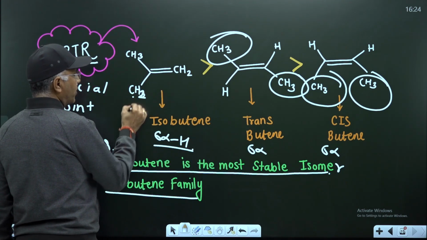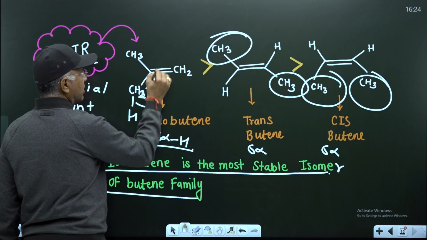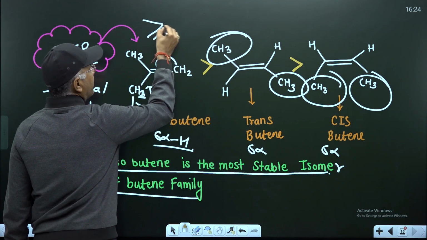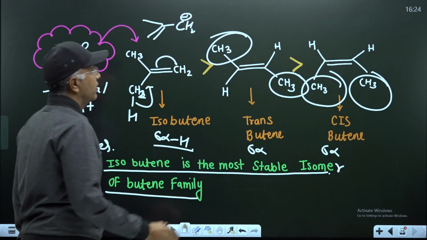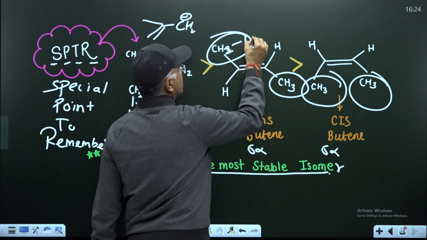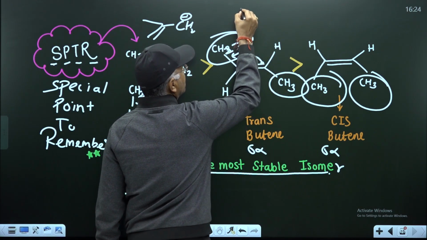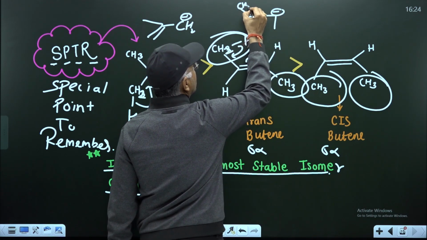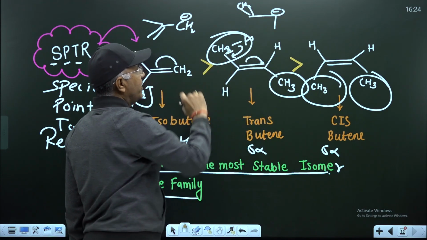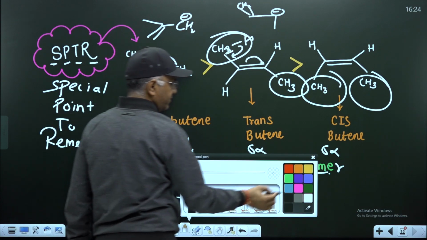If I draw hyperconjugating structures, this is the hyperconjugating structure of isobutene. Again, this is the hyperconjugating structure of trans 2-butene. Can you see the difference between the hyperconjugating structures?